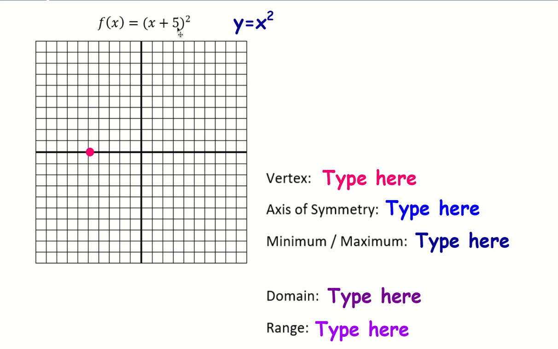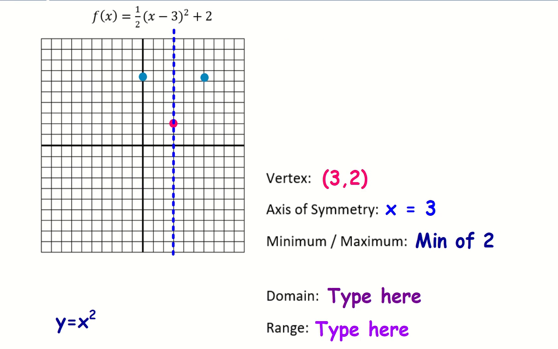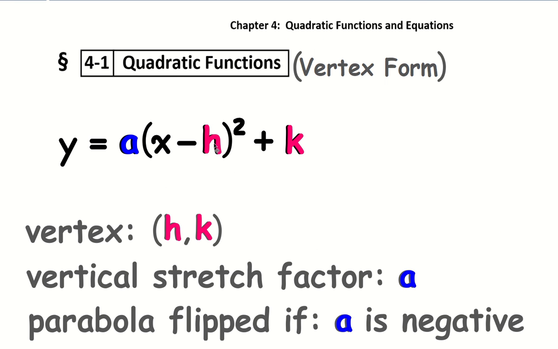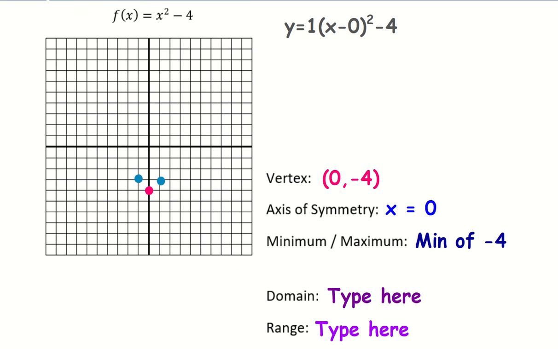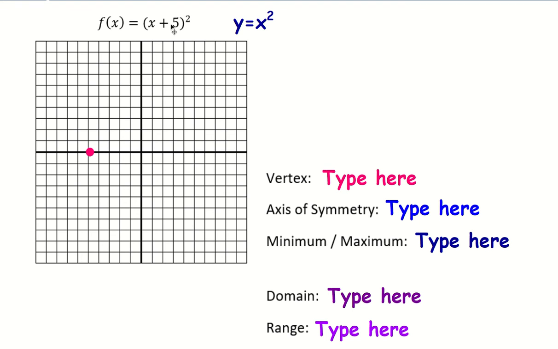Or again, you could literally look at this and go, all right, if I think of this as being in vertex form, which of course it is, my h value is actually negative 5, right? Minus 5.